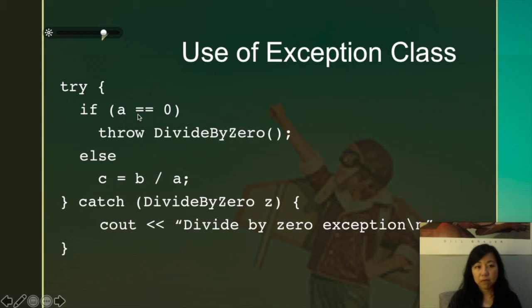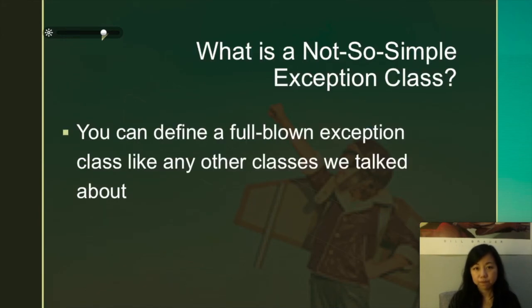If a equals 0, then we throw this divide by 0 because we actually want to calculate c equals b over a. To catch this exception, we just use the class name and an invented object name, because you can actually use it if you want to, but in this example we are just printing out an error message.